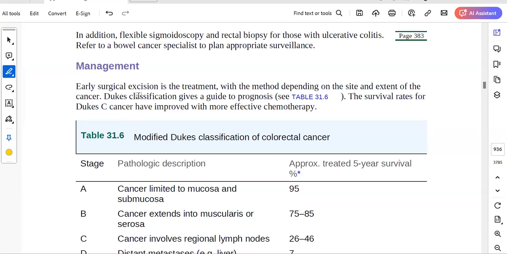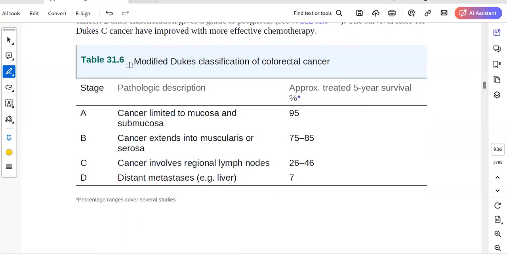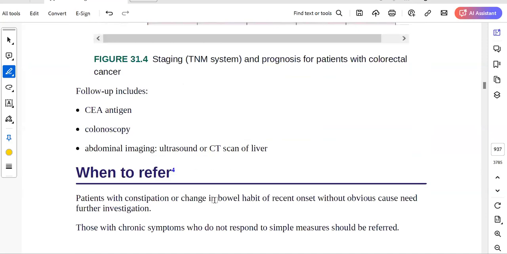So management for colon cancer is surgical excision. And in here they have written the modified Duke's classification of colon cancer and also their 5-year survival rate. Sometimes a question also diagnoses a patient with colon cancer and fortunately the cancer has been resected.